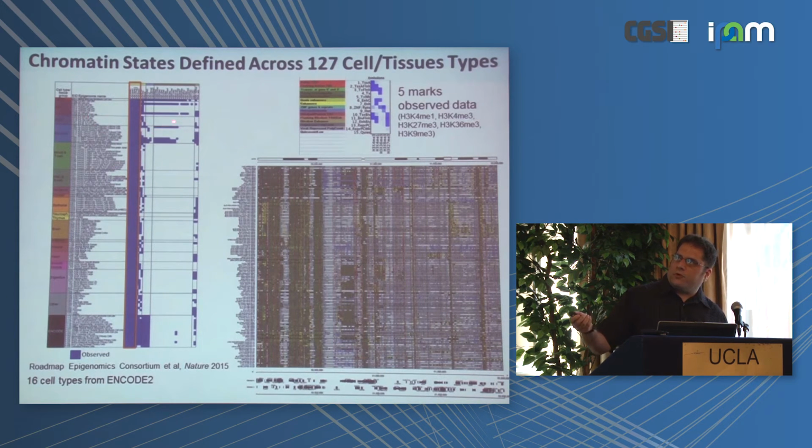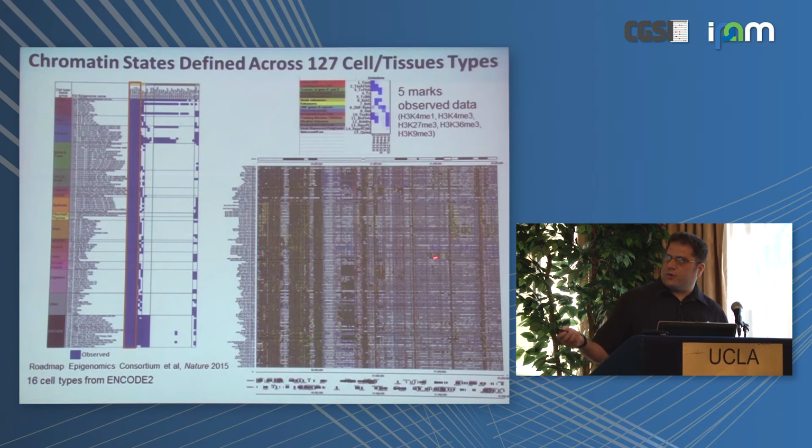What I'm showing you in blue are cases where we had the mark of the column and the cell or tissue type of the row with the data present. So in this case, based on these reference epigenomes, we had 5 histone modifications that were mapped where we had at least one data set in all the samples for it.